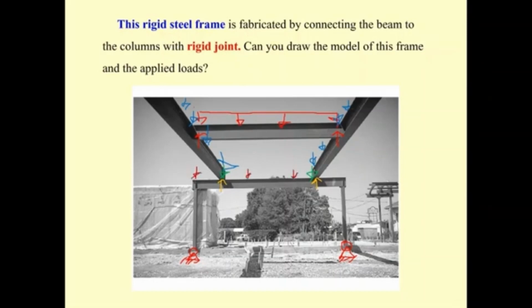Okay, like this, and you can see the model of analysis of this frame can be created easily, and then all the forces will transfer to this support. And since these supports are pinned, this structure is statically indeterminate, unless you assume one of these supports is a roller.